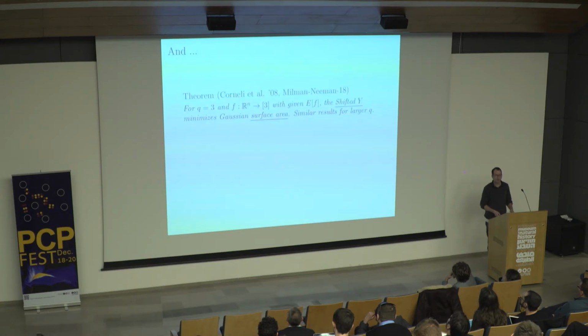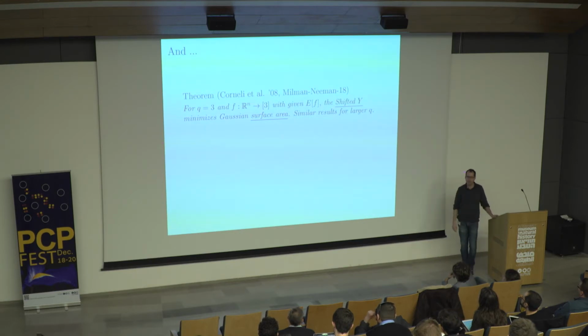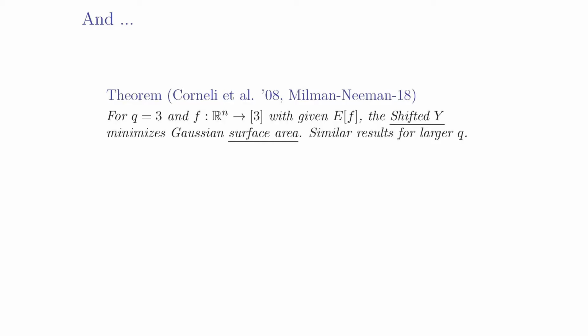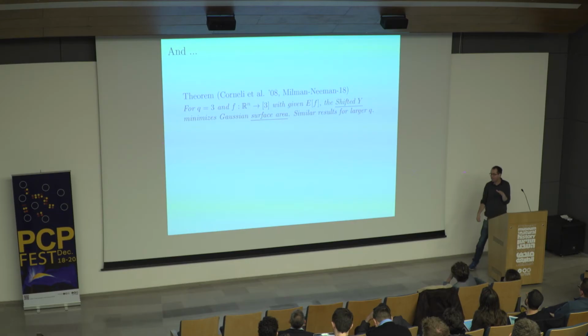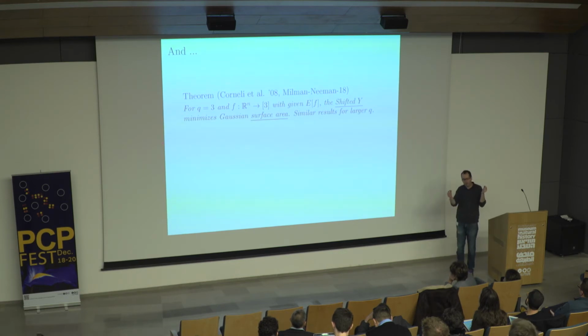Okay, so here is what we actually know. First of all, there are some very exciting new results by Emanuel Milman and Neeman, which show that for the isoperimetric problem, which I didn't talk about, I talked about noise stability, but besides the noise stability question, there's the isoperimetric problem. The way to think about it is that the correlation goes very, very close to 1.